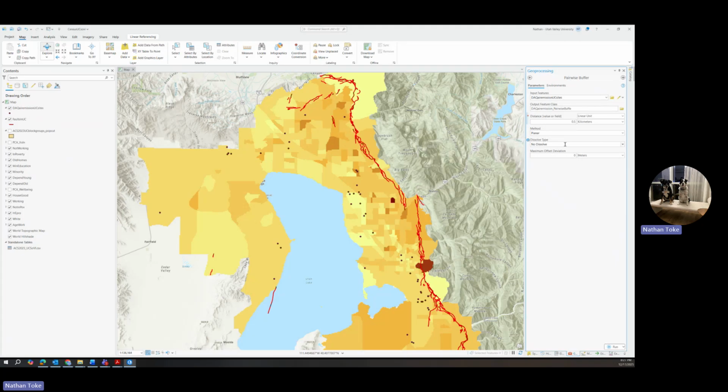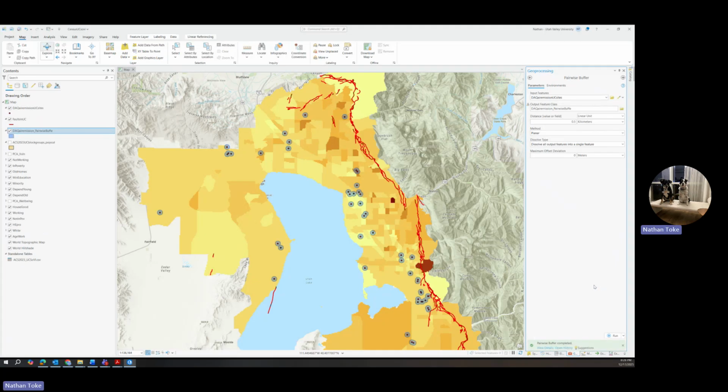I think we're going to use dissolve to a single feature, because then we can look generally over the whole area. We're not interested in examining each site. We just want to look at the average trend for this analysis. Okay, so we'll run that buffer.